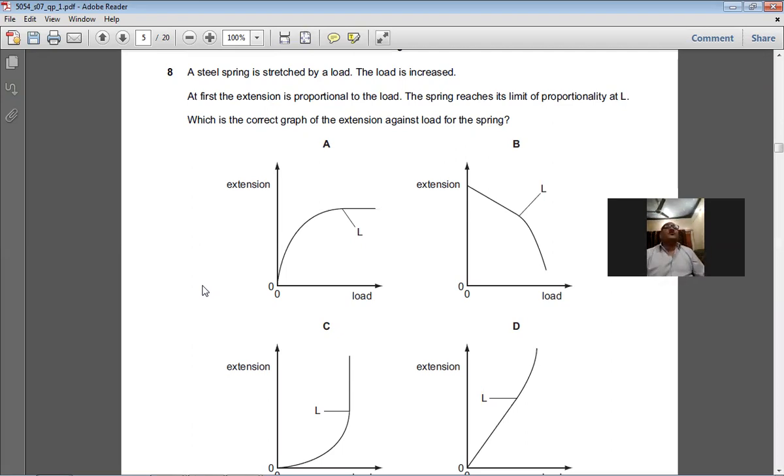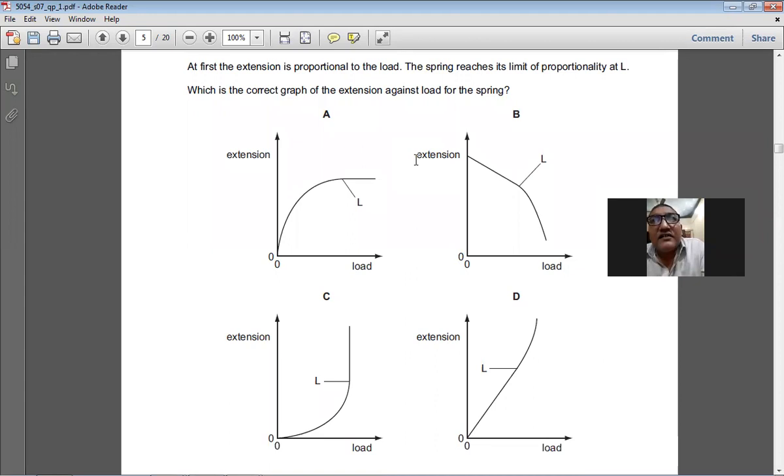As you increase the load, the extension will increase, but after you have crossed the limit of proportionality, the graph will suddenly start curving upward. So to me, D looks the best option.